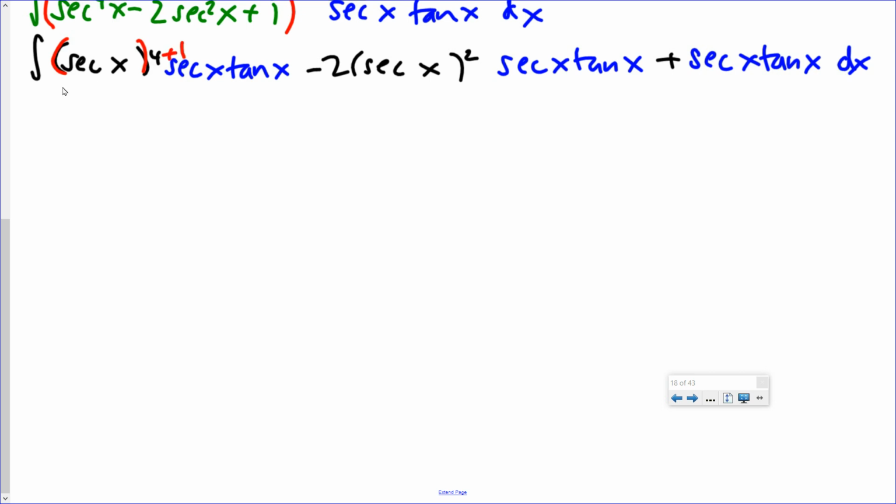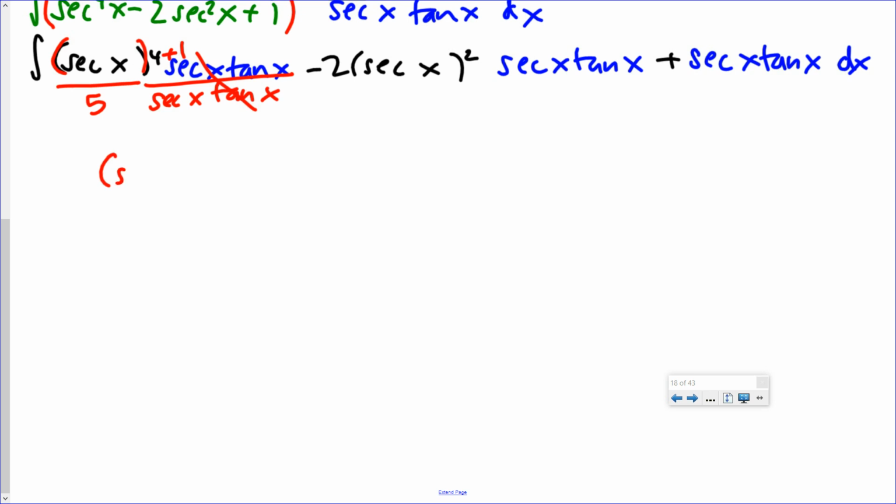You add 1, divide by the new exponent. Don't forget to divide by the derivative of secant x. What's the derivative of secant x? Secant x tangent x. Do my x's cancel out? Well, by golly gee. And that's why you leave the secant x tangent x, because you know the derivative of secant x is secant x tangent x, and that's going to cancel out.